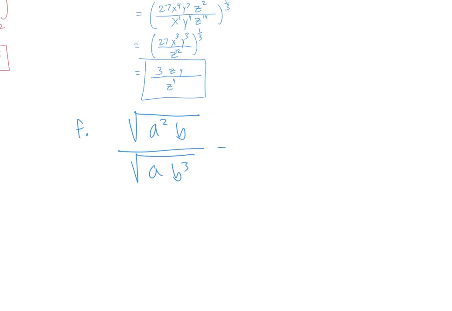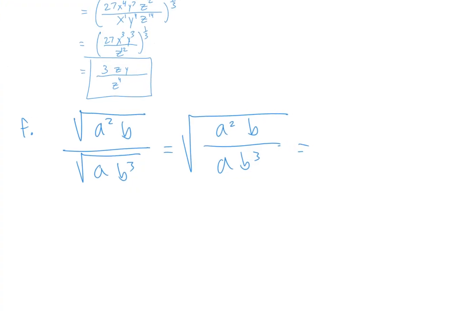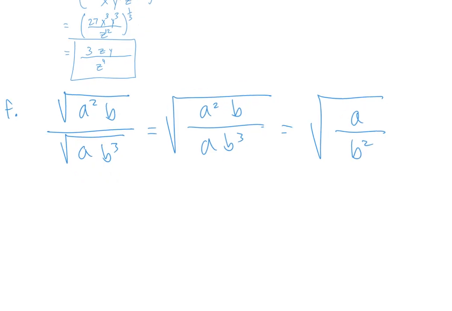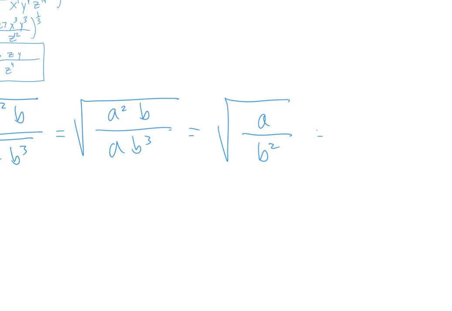Well, if you have one like this, what you need to do is put it together first. A squared b over ab cubed. And then you need to simplify the fraction. This a will cancel with one of those, leaving a to the first on top. This b to the first cancels with one of those, leaving b squared on bottom. And then now we can break it up into two square roots, square root at the top, square root at the bottom.